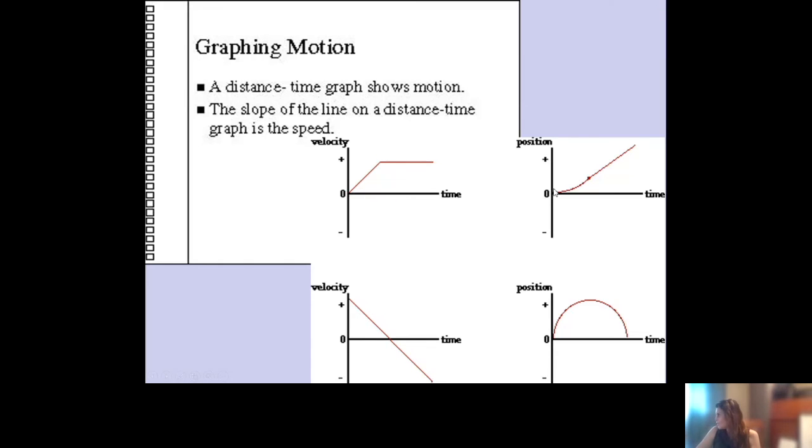But if you are speeding up, if your velocity is changing here, you have a changing slope, because the slope, which is the most important thing to remember, the slope on a position time or a distance time graph is the speed. So right here, the slope is constant, so the speed does not change.